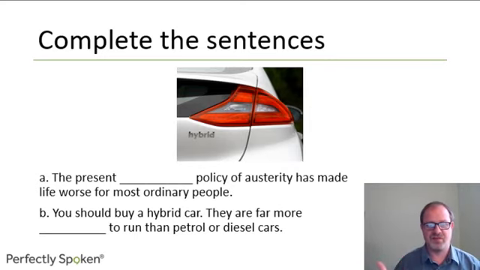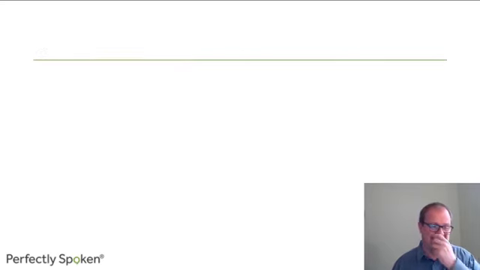It's a type of policy to do with the economy, so it's economic. And the second, meaning cheaper or less wasteful, is economical. Okay, hybrid cars are more economical. You use less fuel and they're cheaper to run, apparently. Okay, let's move on.